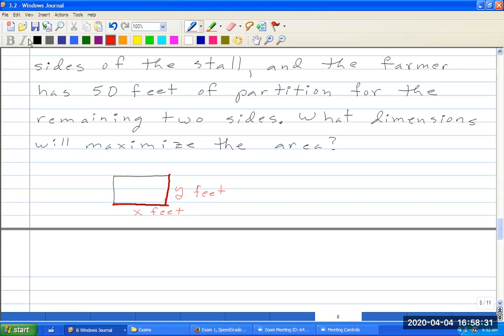And then on the other side, these are the existing walls, which I don't really care about. I just care about the partition. So I have 50 feet of partition.